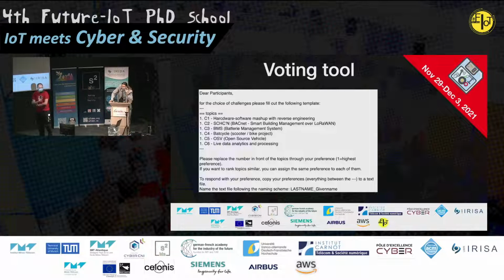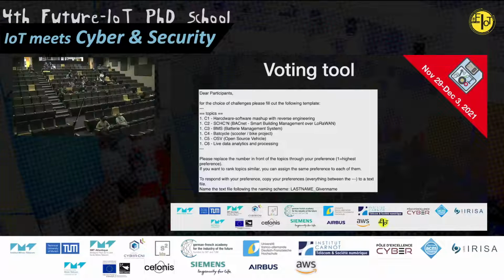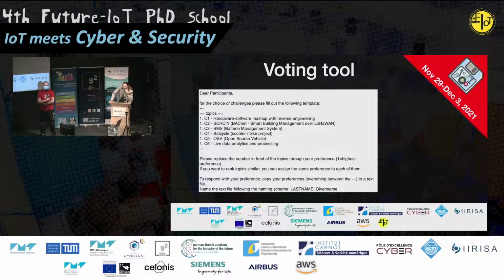Okay, how many people understood how it works? For those for whom it's not clear yet, which questions do you have? Okay, and the important task is over lunch. So after our presentation, you have to do this. Otherwise, you will be assigned to a random challenge, which is also fine for us, but maybe you have some preferences.